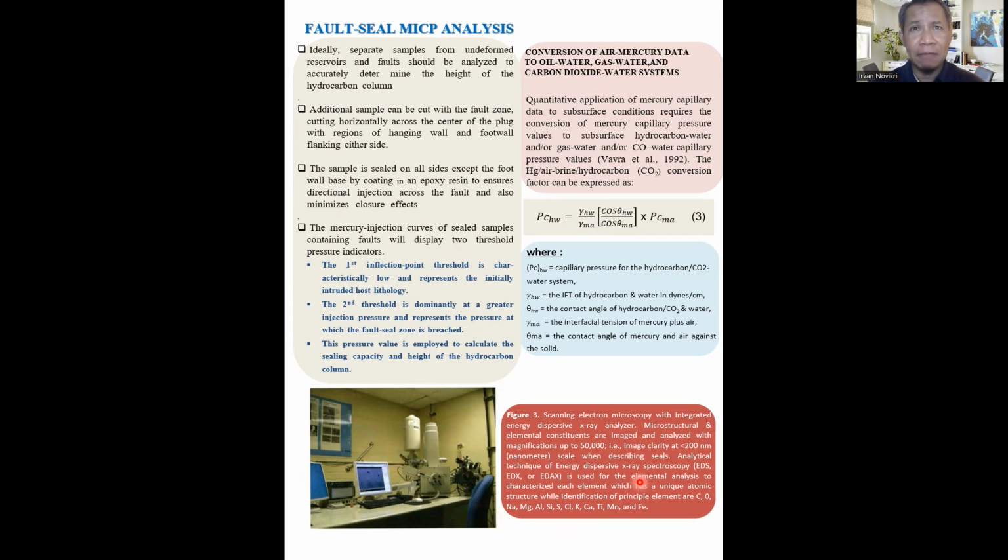In this case, a Philips XL30 FEG SEM instrument, integrated with an energy dispersive X-ray analyzer, allows for imaging and analyzing the sample at magnification up to 15,000, providing clarity at the scale of less than 200 nanometers.